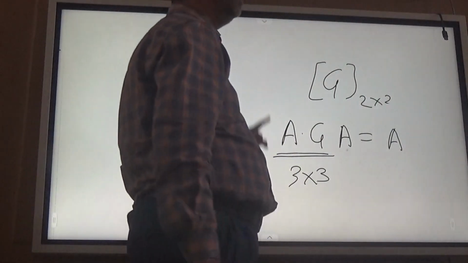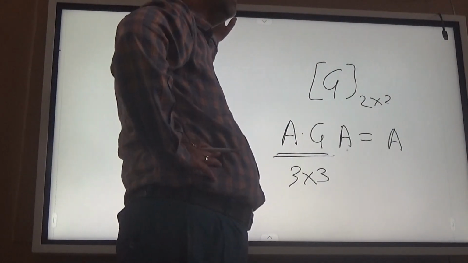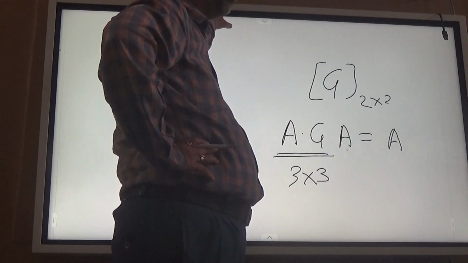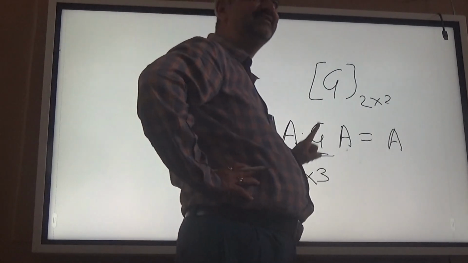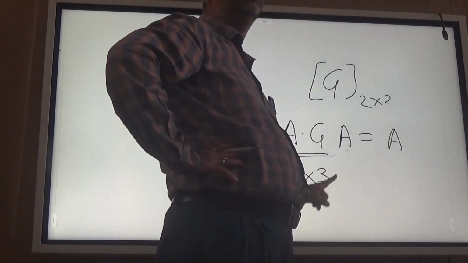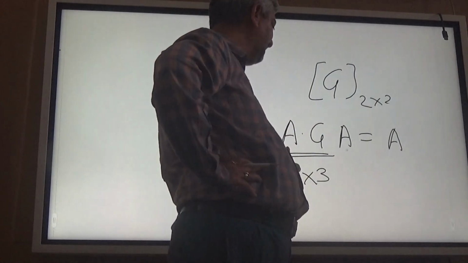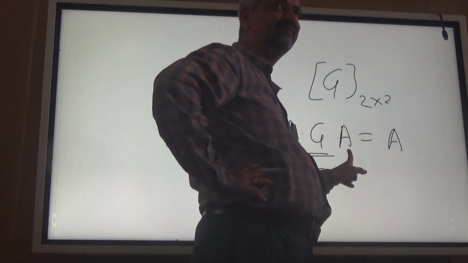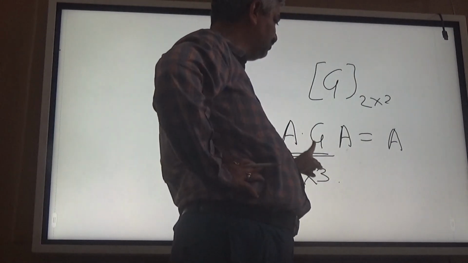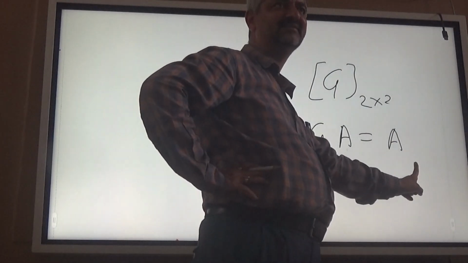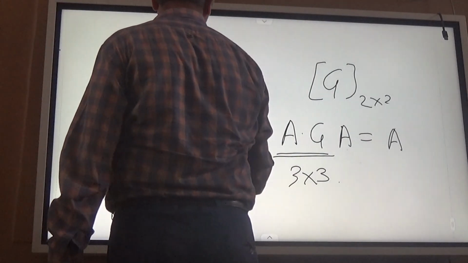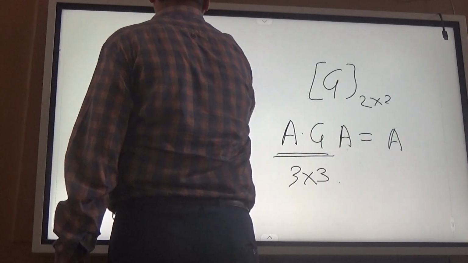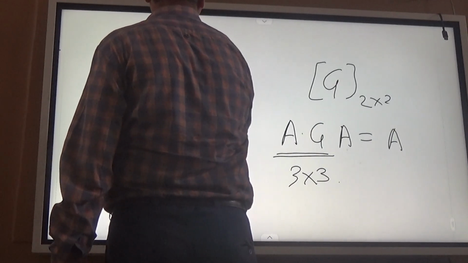So if A is a non-square matrix, then G is said to be a pseudo inverse such that A into G into A is again A. So just try to find out: 3 rows, 2 columns, 1 2 3 4 5 6.